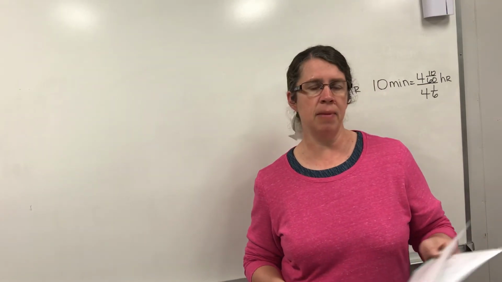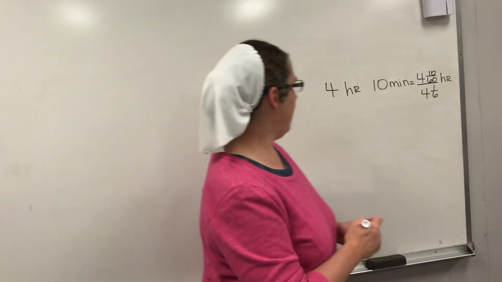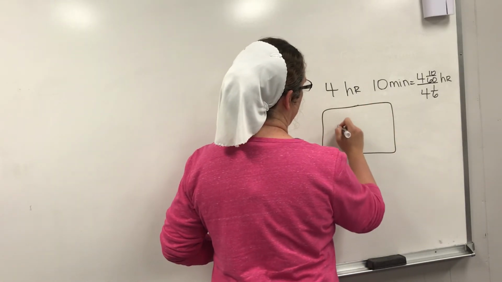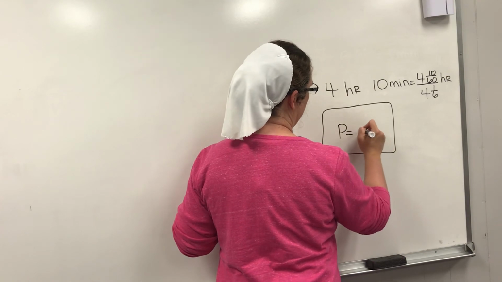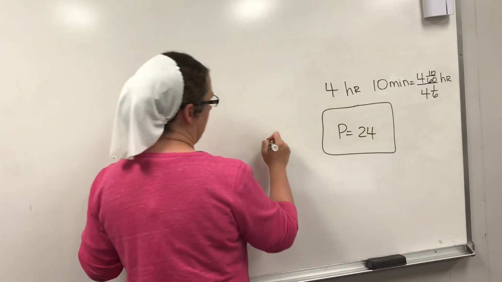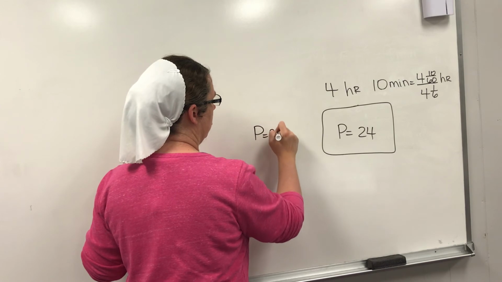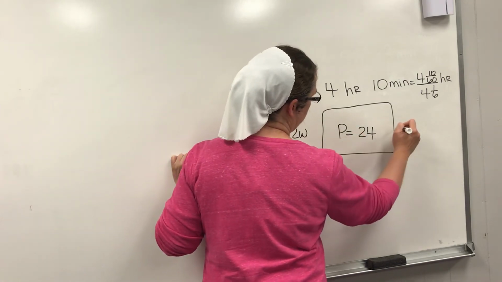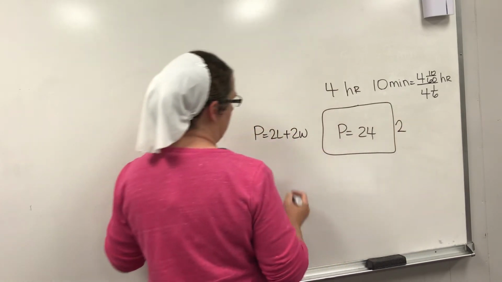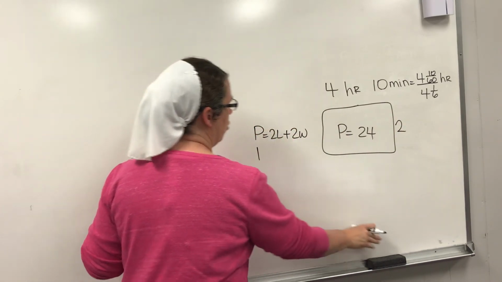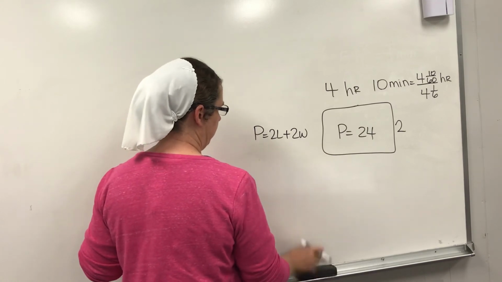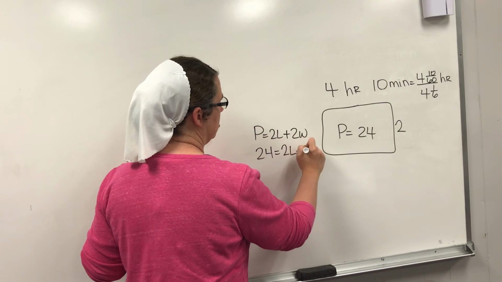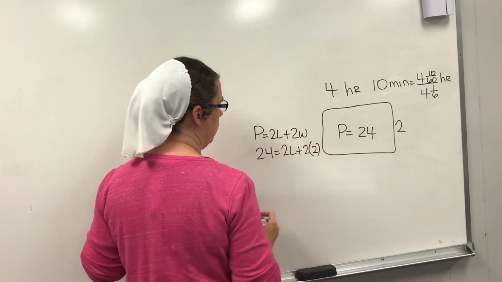When you're finding missing dimensions, let's just do one here. Let's say perimeter is 24, and our perimeter formula is 2L plus 2W. Let's say our width is 2. So let's put in what we know. We know our perimeter is 24, which equals 2 length, we don't know the length, plus 2 times our width.